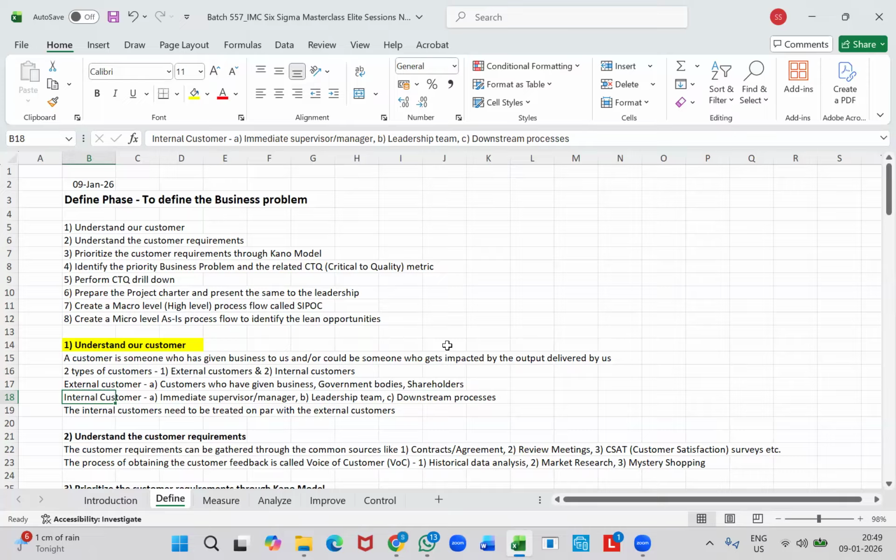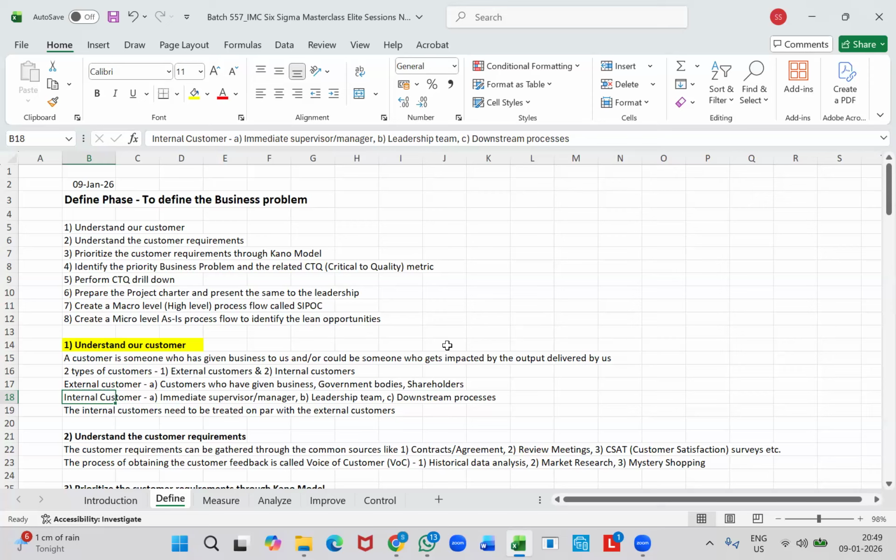So we cannot rate the performance of the team as very bad, and we cannot rate the performance of the supervisor or manager who are leading that particular team as excellent, right? That cannot happen, right? So the manager and the supervisor will be as good as the team itself. So if the team's performance is good, the credit will be given to them as well. If the team's performance is not all that great, then they will also be impacted by the team's performance.